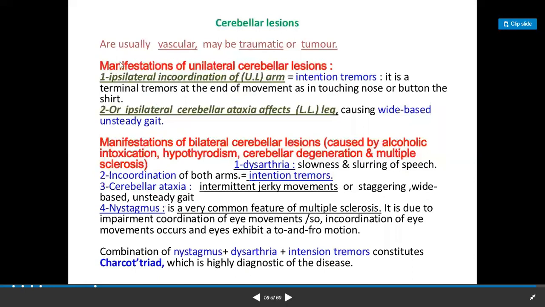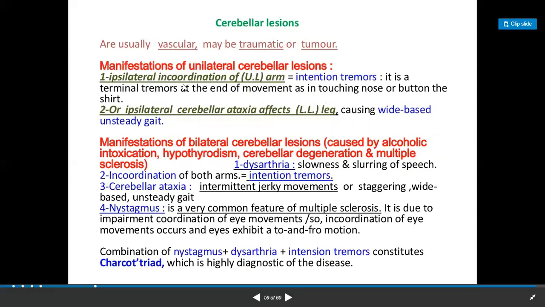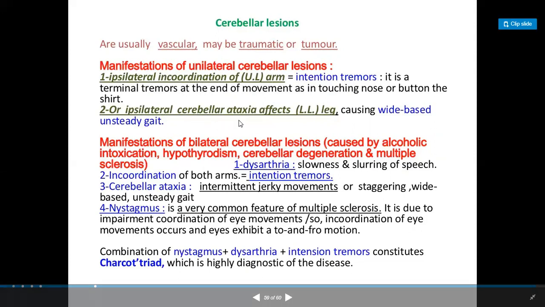Cerebellar lesions are usually vascular, involving blockage of blood vessels. They may be traumatic or due to tumors. If it is a unilateral cerebellar lesion, there is ipsilateral incoordination of the upper limb, with intention tremors, a terminal tremor at the end of movement, as in touching the nose, and buttoning a shirt becomes difficult. Ipsilateral cerebellar ataxia of the lower limb causes a widespread unsteady gait.